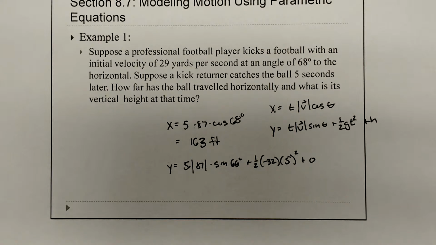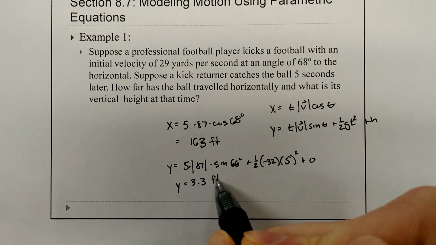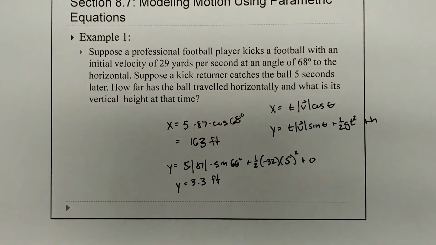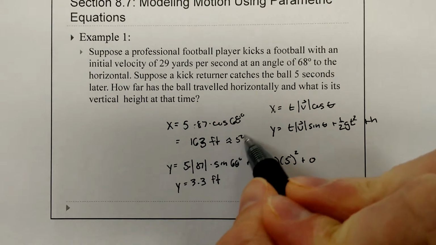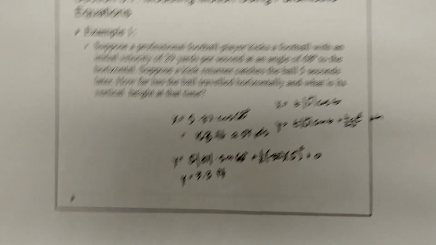So 5 times 87 times the sine of 68 plus 0.5 times negative 32 times 5 squared plus 0. So y equals 3.3 feet. So it's traveled 163 feet, which is about 54 yards, and it's going to be caught 3 feet above the ground.